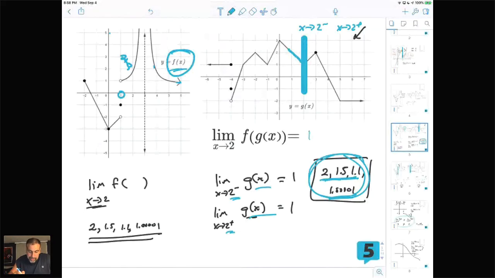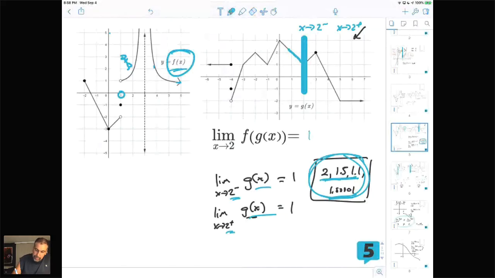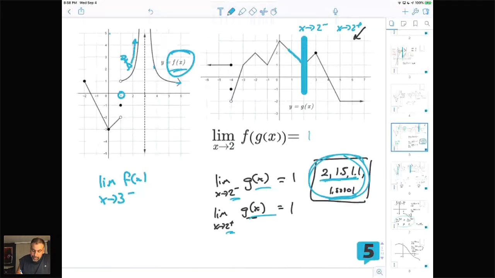Just to clarify that, this didn't come up tonight, but if we came over to this one and asked, what is the limit as x approaches 3 of f of x? Well, when we look at that one from the left, now I'm walking this way. So where am I ending up? I'm ending up in infinity.